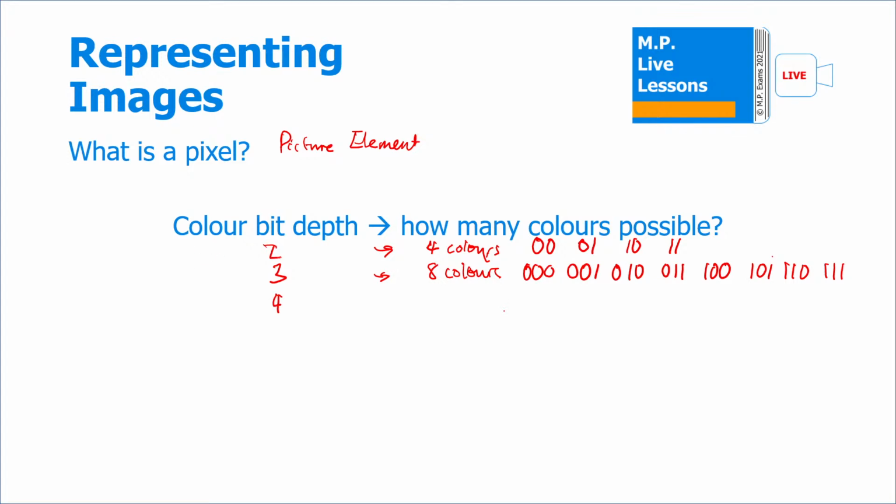For example, if you use 4 bits, we could store 16 colors. So basically 2 to the power of bit depth gives us how many colors we could store. That's as the maximum.